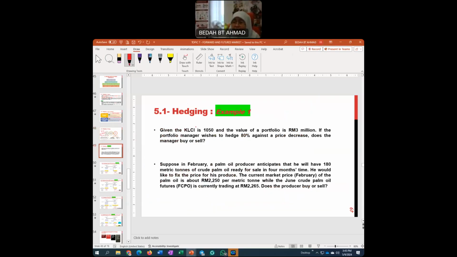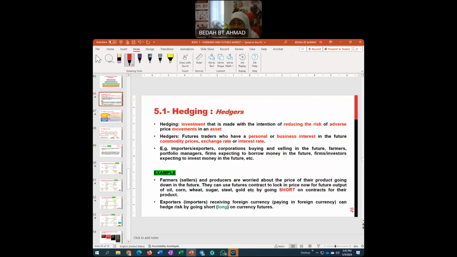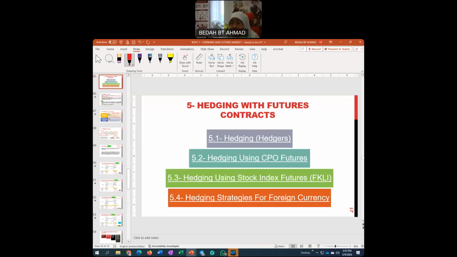Similarly, the derivative market for the FKLI, we have the Futures Kuala Lumpur Index. So this stands for Futures Kuala Lumpur Index. We are using the index because we are doing hedging using stock index futures.